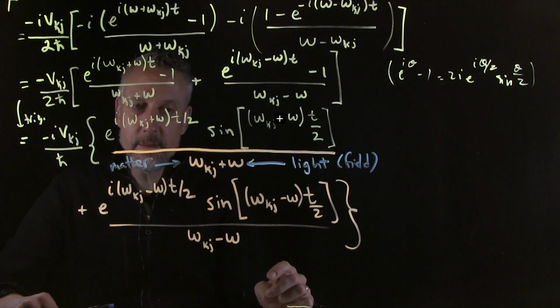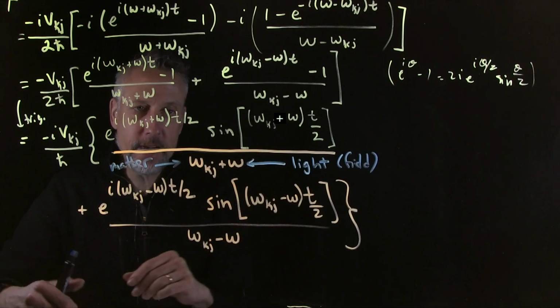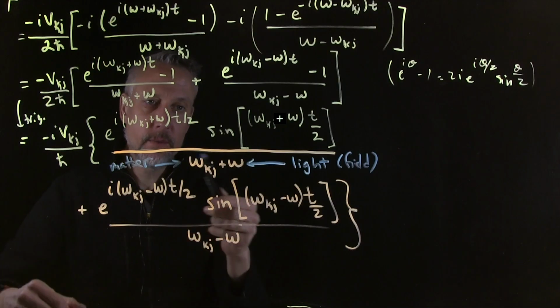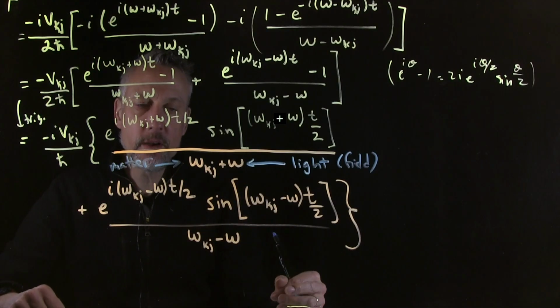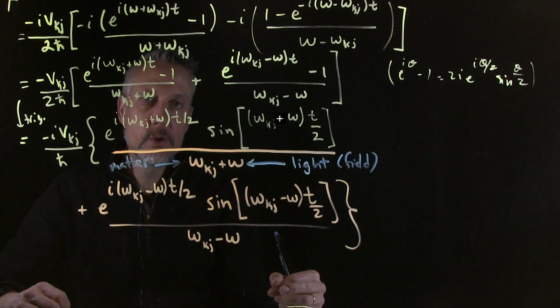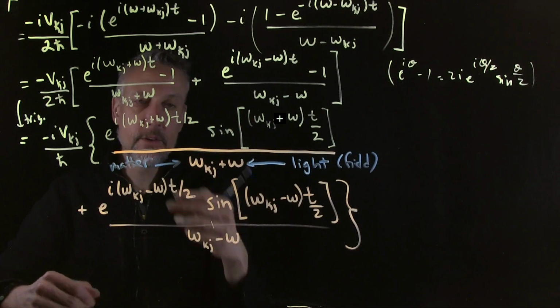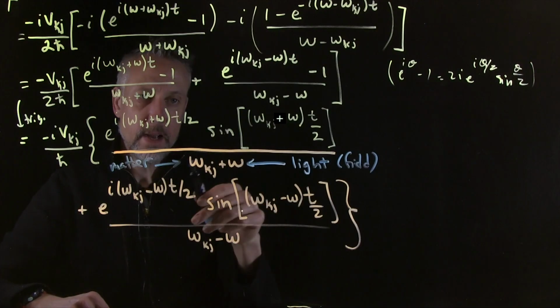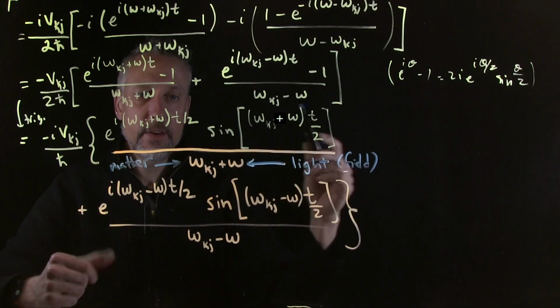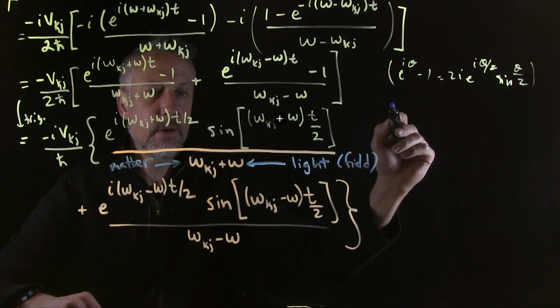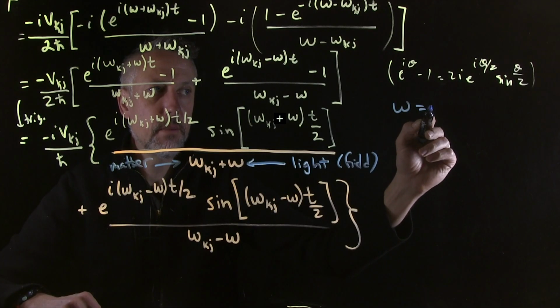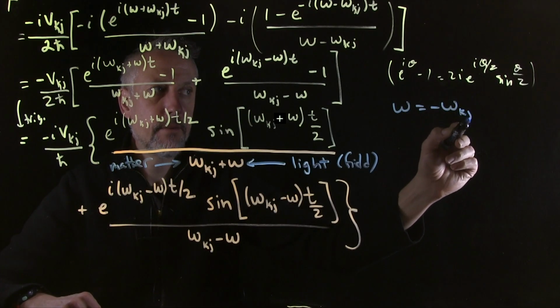Okay, and let's think about these two factors here. When you divide by a number that's very small, you're going to get a large signal, a large amplitude. So what we're asking is when this term is basically 0. When this term is 0, then omega is equal to minus omega_kj.